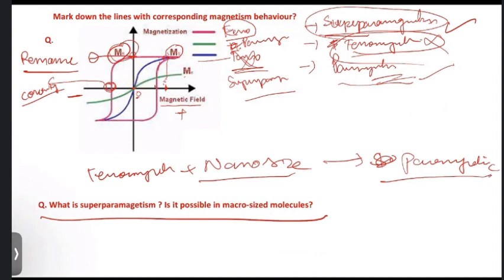They have higher magnetization, so that is why we add the word super to paramagnetism. Got it?